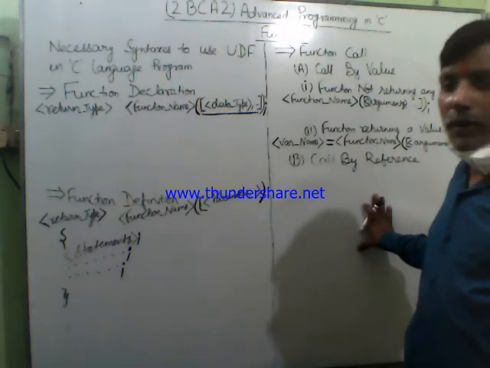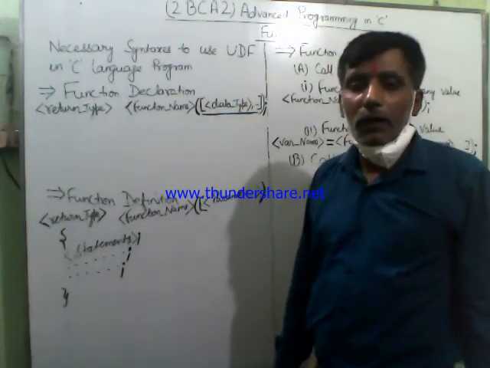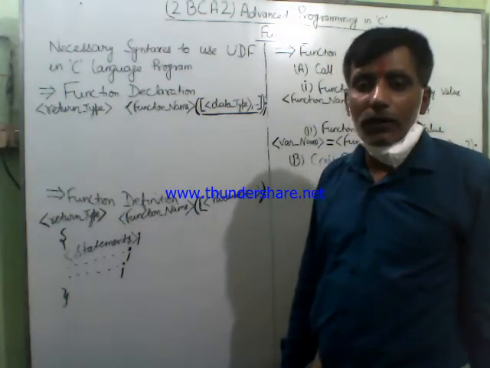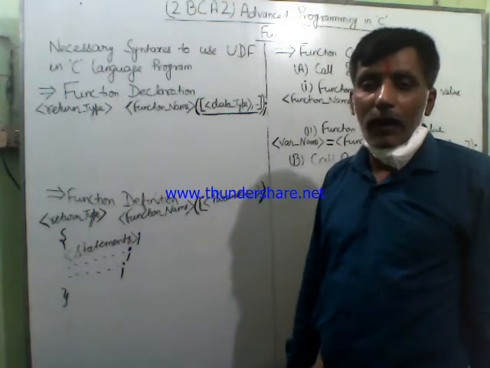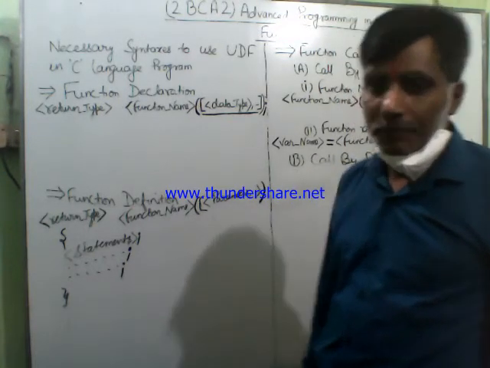Now I am going to teach about the necessary syntaxes that you have to use for such a user defined function that you want to call by using the call by reference method.